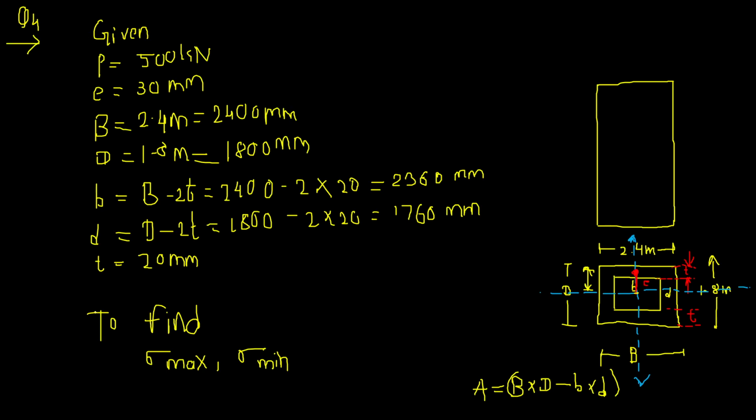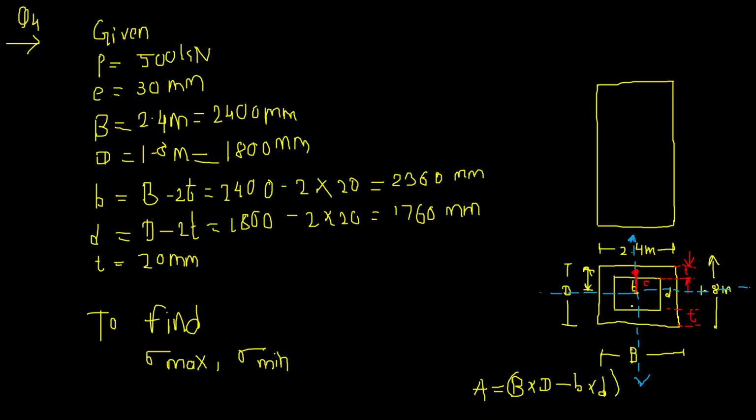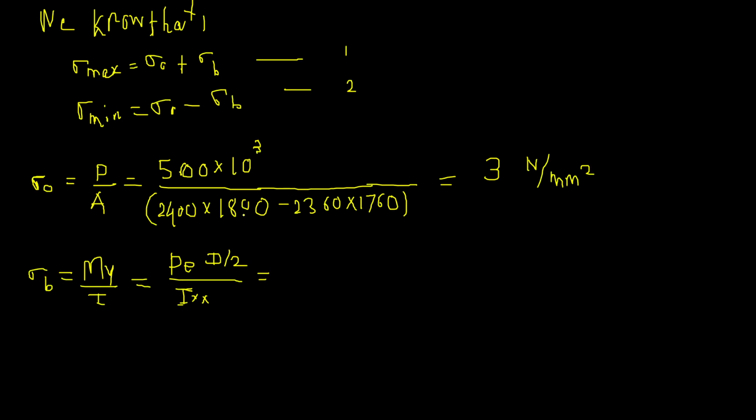How to decide it? Same, by using the bending axis concept. In this case the bending axis is the XX axis according to our problem. If you draw the orientation of the problem differently, then Iyy can come in place of Ixx. So it depends on how you draw this. Some people may draw 1.8 here and 2.4 here, so then the Ixx and Iyy can change.